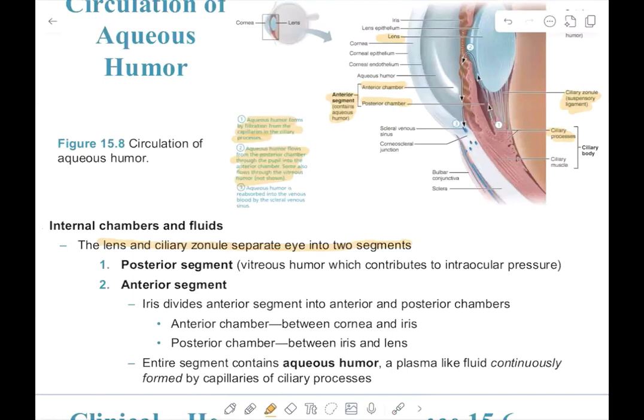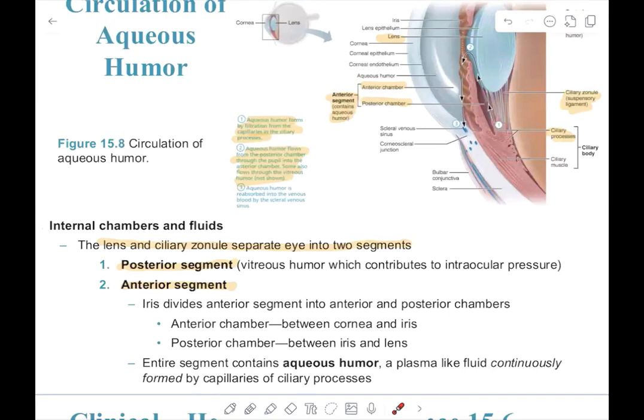That's going to separate the chambers into the posterior segment and the anterior segment. So the posterior segment is not the same thing as the posterior chamber. That doesn't seem like a big difference, but it is. So the anterior segment has two chambers, and the posterior segment is located posterior to the lens.